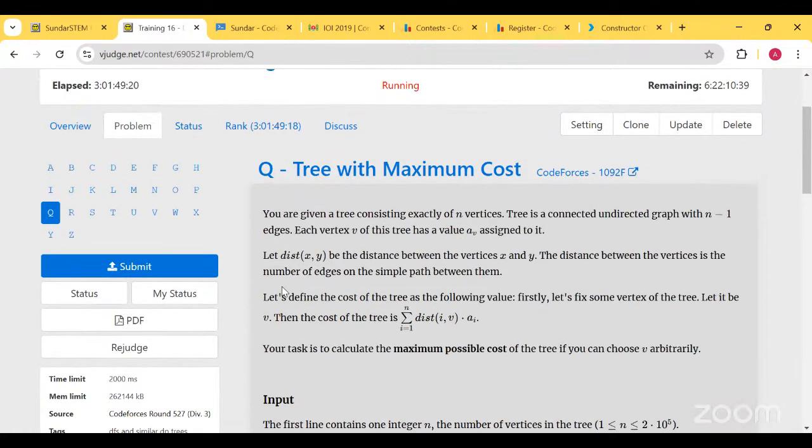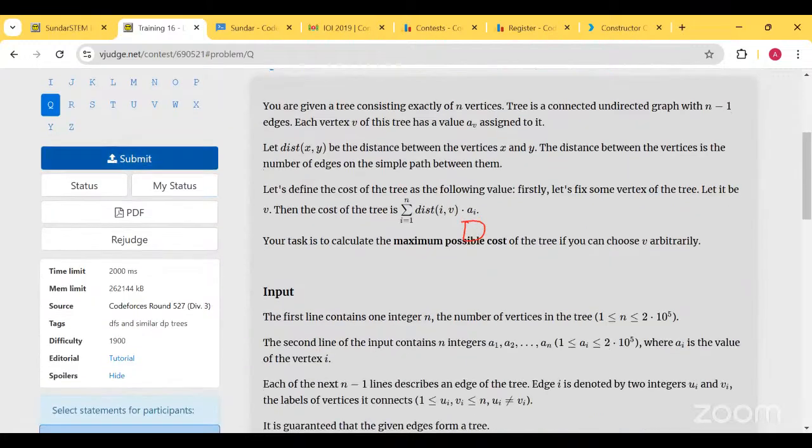So let's continue to problem C. For problem C, given a tree with n nodes, n minus 1 edges, and given a value here, but the value is always positive.